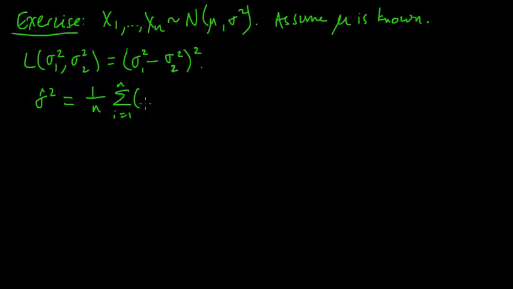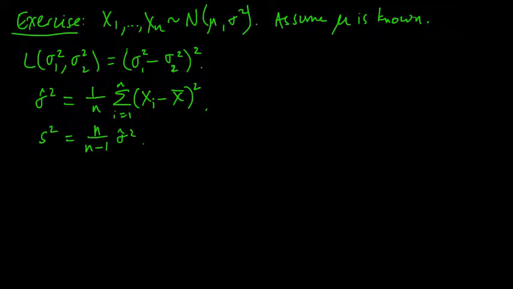This one is the biased sample variance, 1 over n times the sum of xi minus the sample mean squared, and the other one was 1 over n minus 1. Or actually, we could write S squared as n times this one divided by n minus 1.